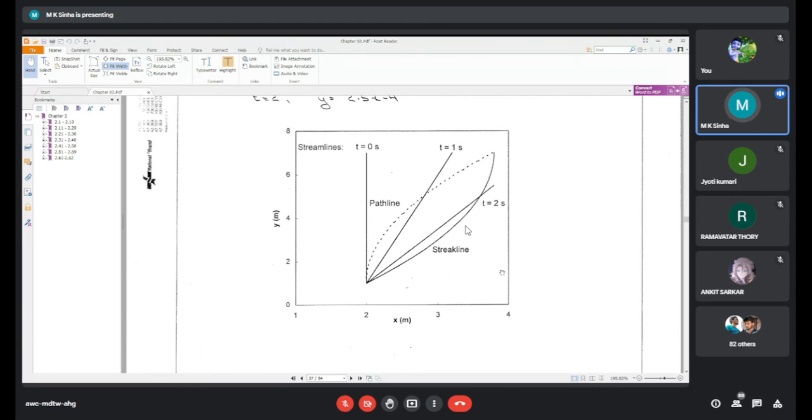So the streak line is in terms of the initialization time, and the path line is the present time, that is T, and that is T naught. Some lag we are considering, but the time range when we are plotting the graph will give the same range of solutions. It is the time t 3 seconds, that is mentioned in your question. Accordingly you have to plot.